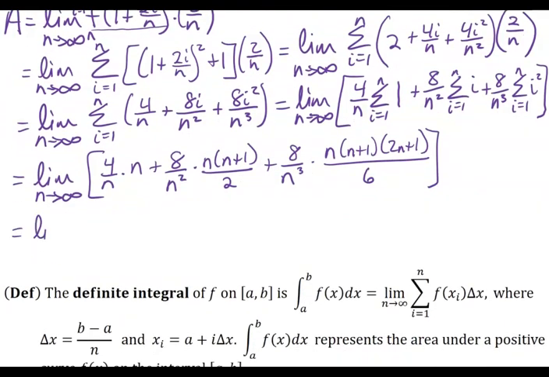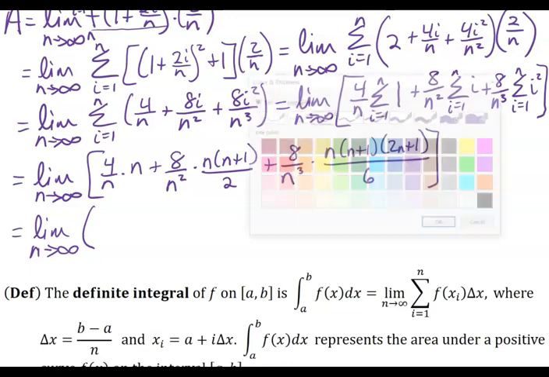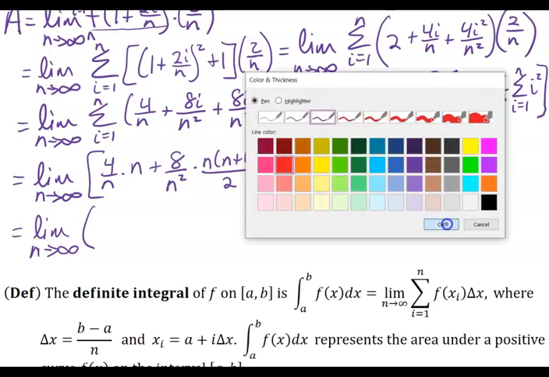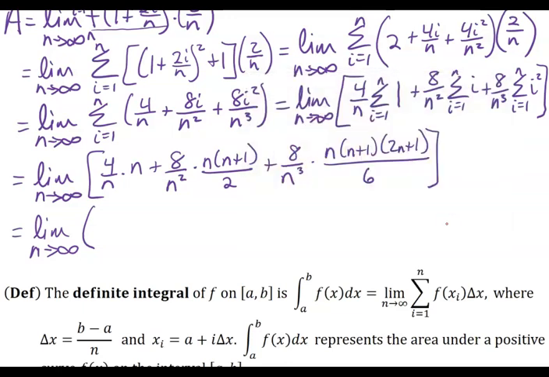Okay. Simplifying the algebra, let me switch colors here so you can follow what I'm doing. So 4 over n times n is just a 4. I'm going to take off one of these n's. I'm also going to reduce the 8 and the 2 to be a 4. So now I have 4 over n times n plus 1, which is 4n over n, 4, plus 4 over n.